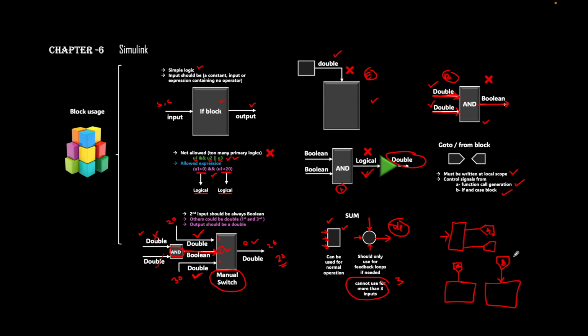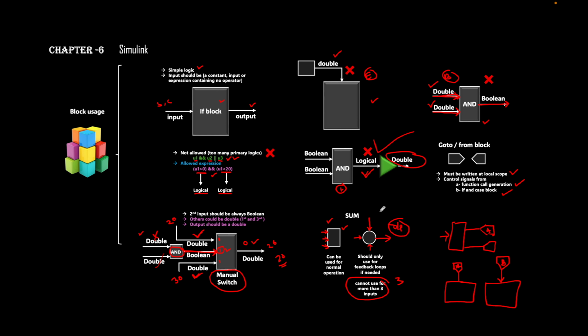So this is all about the first part of the block usage, how you will be using the blocks. Basically the main concept over here is we should not use logical blocks and keep Boolean or double signals inside them, and we should not manipulate the logical output like this one.